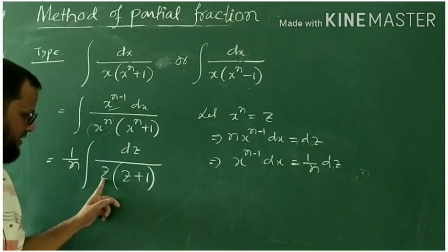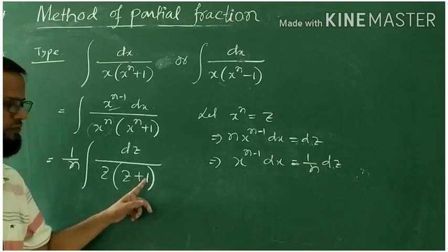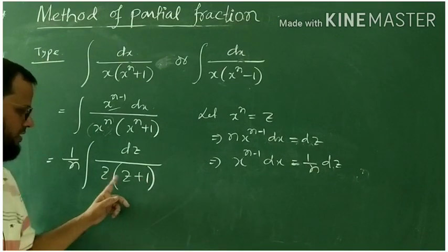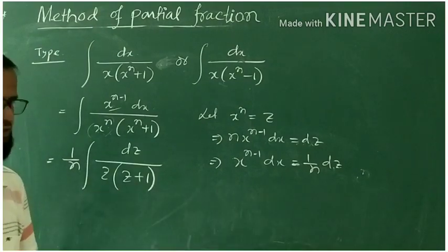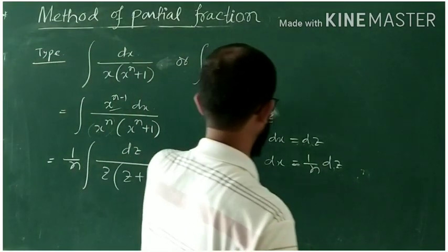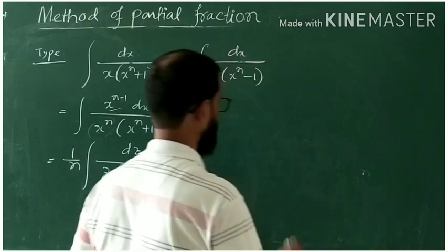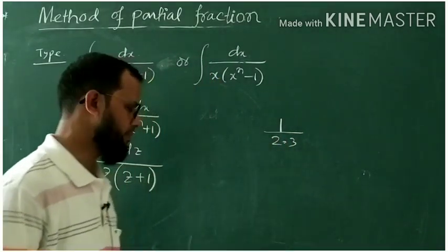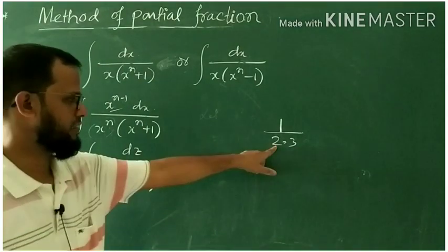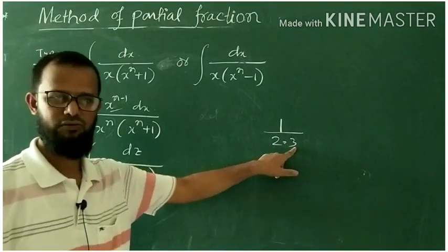If you consider z equal to 2, then it will be 3. If it is 3, it is 4. If it is 4, it is 5. That means both are consecutive numbers. So one example I am taking: 1 by 2 into 3. If you take z equal to 2, then z plus 1 equals 3.